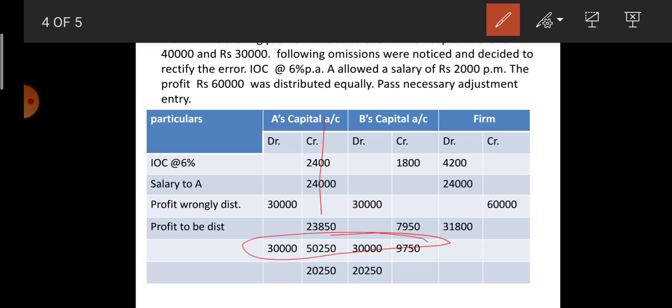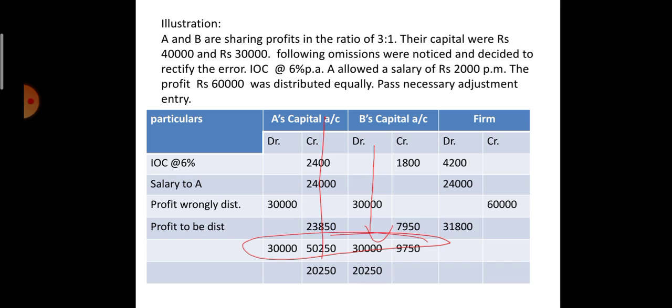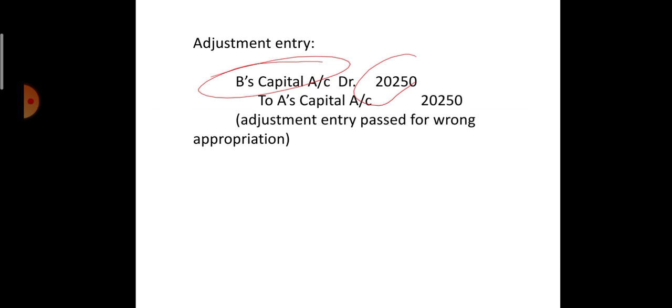That means A's credit side exceeds by 20,250. In the same manner, compare B's debit side and credit side, and B's debit side exceeds by 20,250. So in the adjustment entry, we will credit A's capital and debit B's capital. So B's capital account debit 20,250 and A's capital will be credited by 20,250.